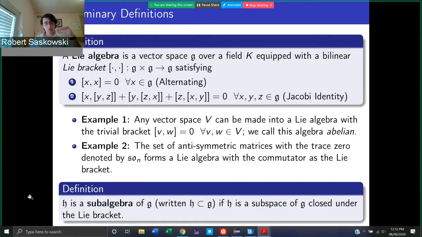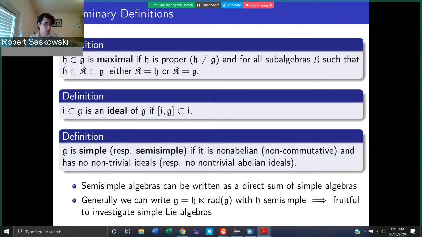Now we can also define what we mean by a subalgebra. A subalgebra of an algebra G is just a subspace, and by subspace I just mean a subspace in the sense of vector spaces, which is closed under the Lie bracket, which is defined on all of G. Now, we can also talk about a maximal subalgebra.